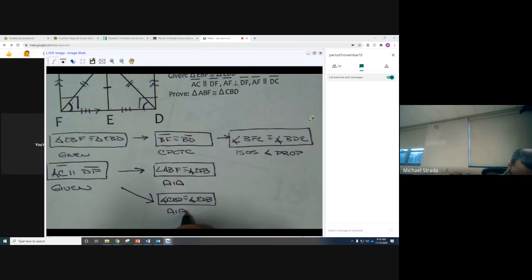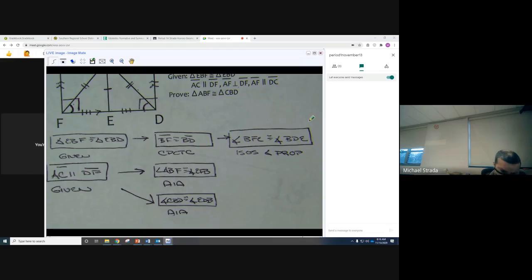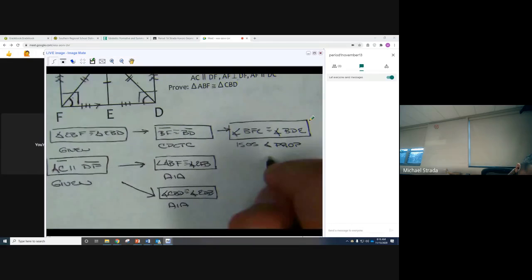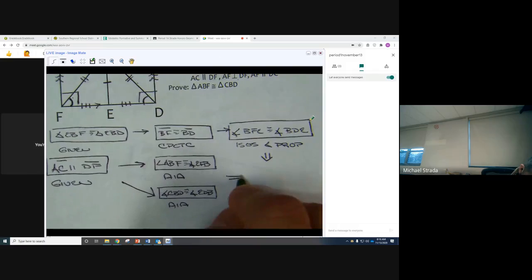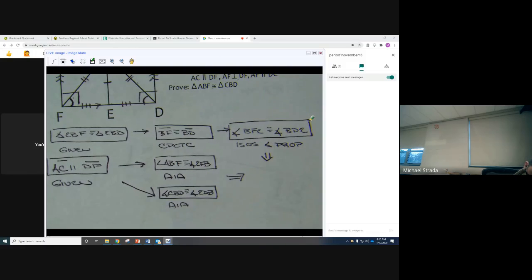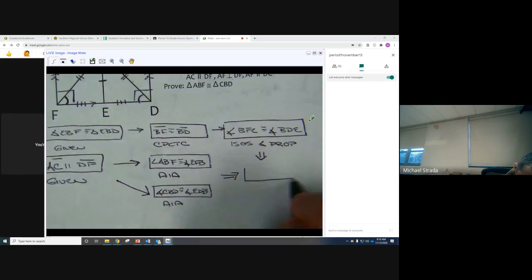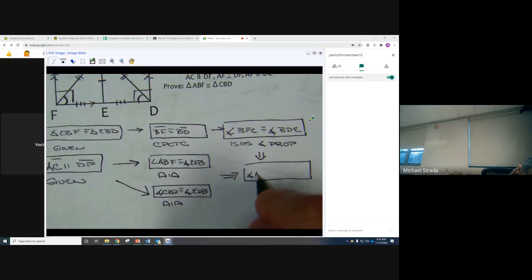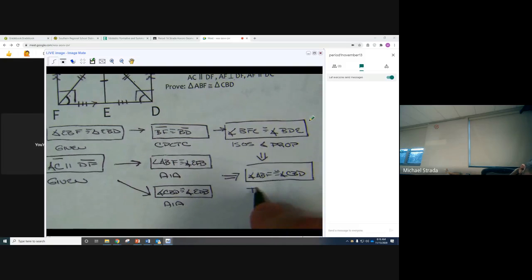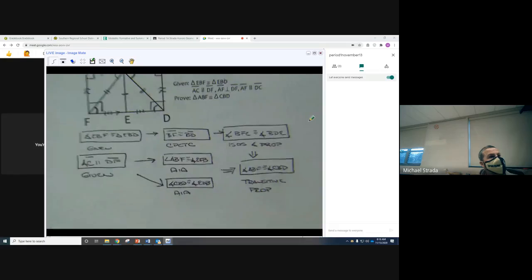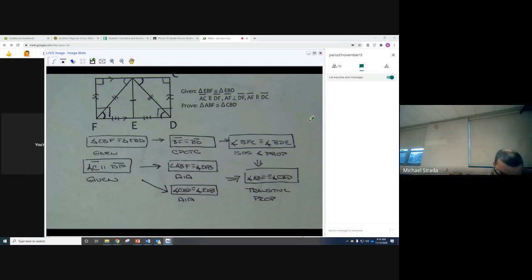Alternate interior angle. All right. Combining those allowed us to say that angle ABF was congruent to angle CBD by our old friend, the transitive property.